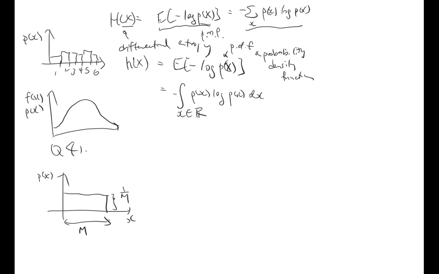Because the area underneath this PDF is the probability, and the probability should add up to 1 everywhere. So what is H(X) for this?